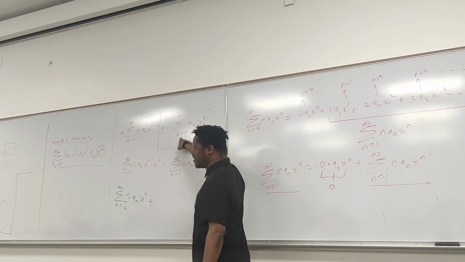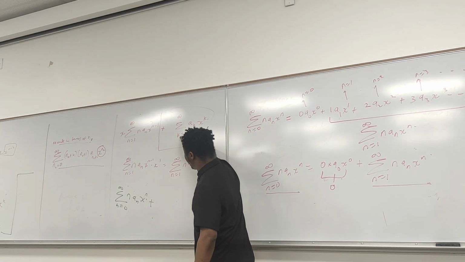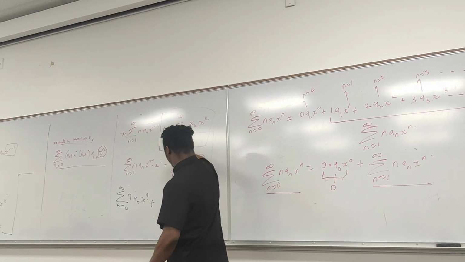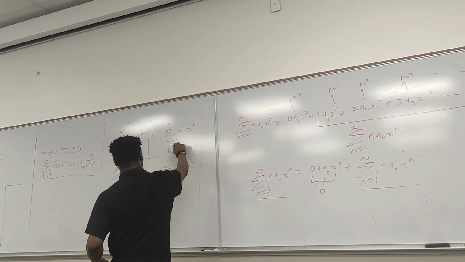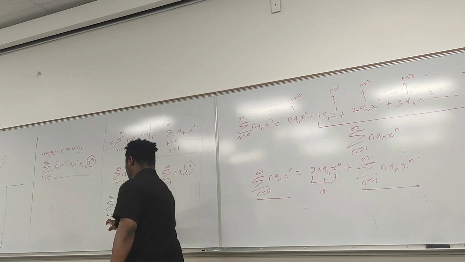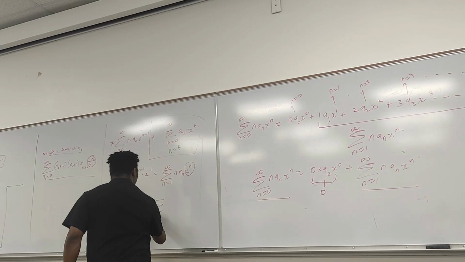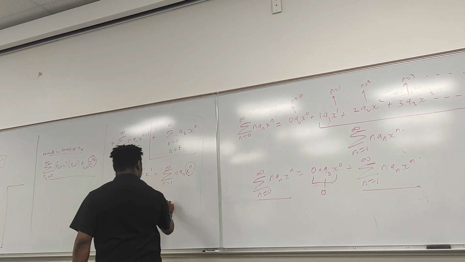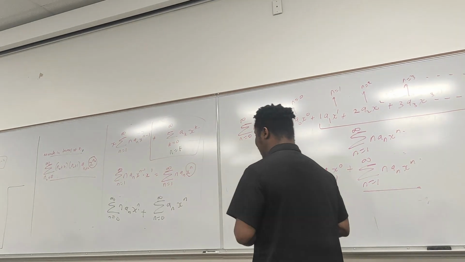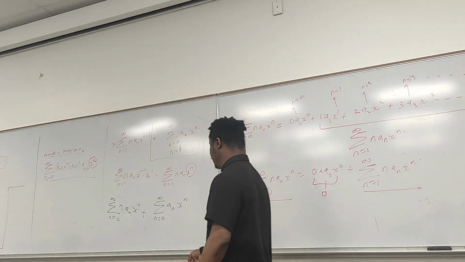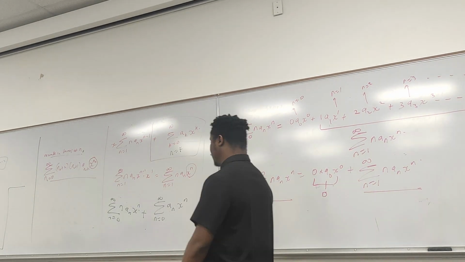You can say n is k, it's okay, because the number doesn't matter. What matters is where they are starting from. So you can add it to summation n from 0 to infinity a_n x^n. So let's add both together. They both start from 0 now, and we can add them together.